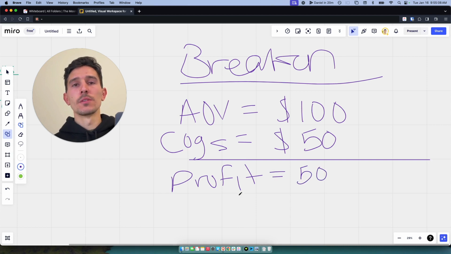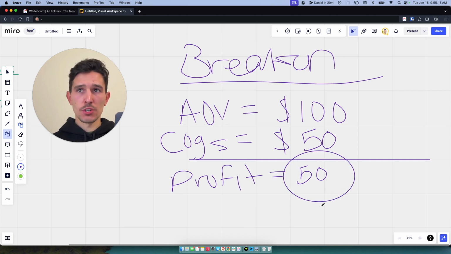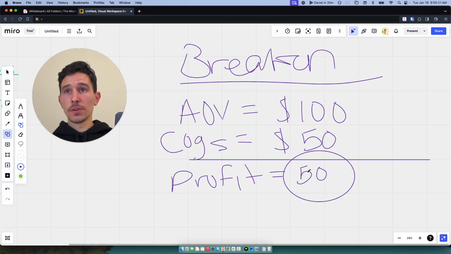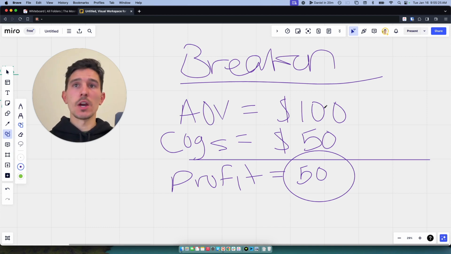Really straightforward, right? So what does that mean for us? It means we actually need to target a $50 cost per acquisition in order to be profitable. Because if we target a $50 cost per acquisition, we acquire one customer for $50. That average customer is going to return us $100, our average order value, and that average customer is going to cost us $50, meaning we will break even at a total of $0.